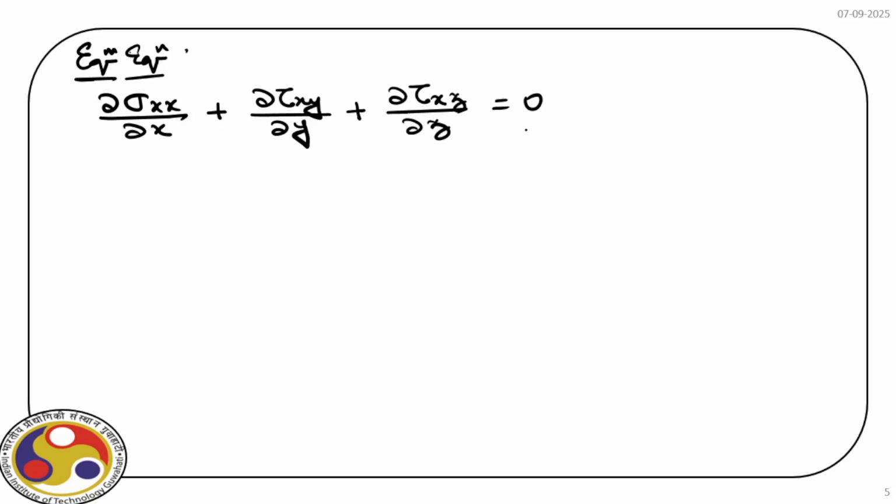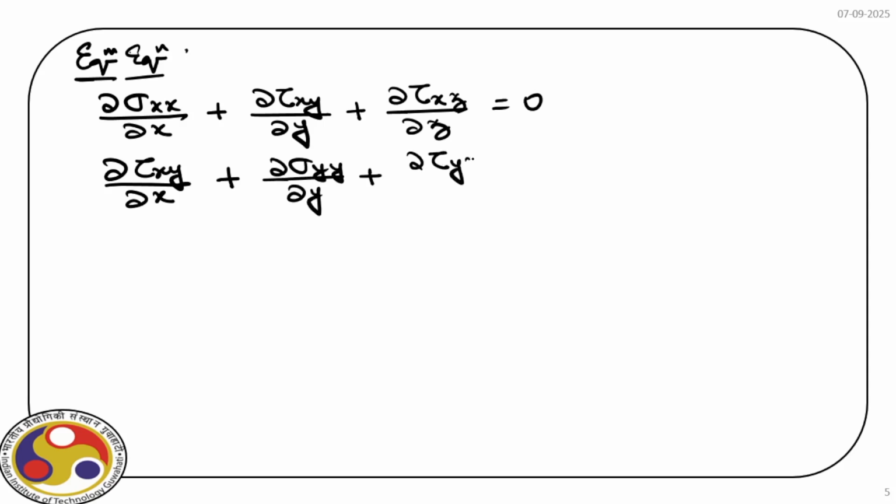Obviously, we do not consider the body force. Then the second equation, tau xy differentiated with respect to x plus sigma yy differentiated with respect to y plus tau yz differentiated with respect to z is equal to 0.